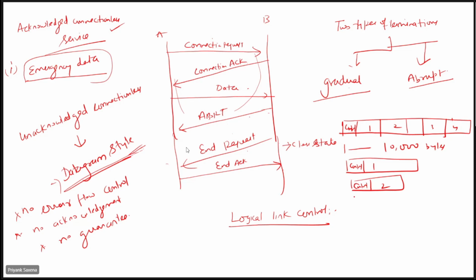Ultimately, this information is required to see who is the sender, who is the receiver, which protocol you are using, what is the CRC, all those things will be a part of this control information. So if this information will be copied in n number of frames, the overhead will increase, okay.